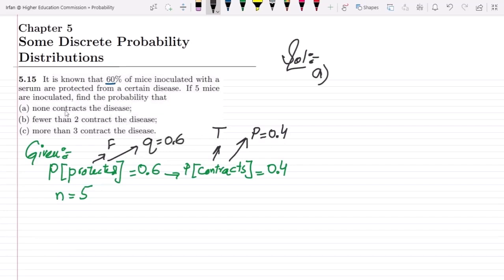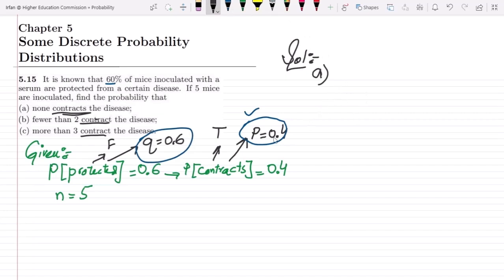Why? Because here we have to find the probability of the contraction. In each statement we have to see the probability that a certain number of the mice are contracted. Therefore I have been taking this probability as the positive one, while this one is for the negative one. Okay, so I think it is clear now.